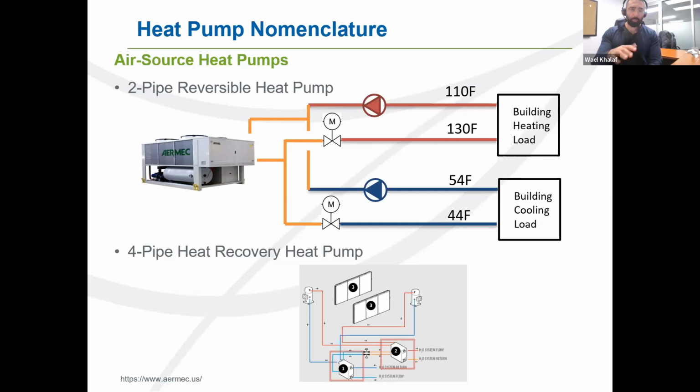And then if I go to the bottom picture, we have something called a four-pipe heat recovery heat pump, which has the ability to provide chilled water, hot water, or both at the same time, as shown in the schematic below. The important thing to note here is that I can control both a hot water set point and a chilled water set point at the same time.